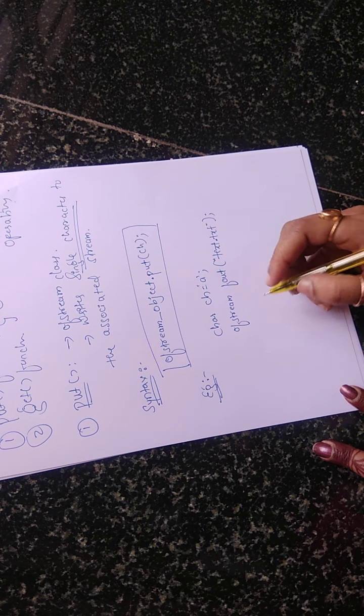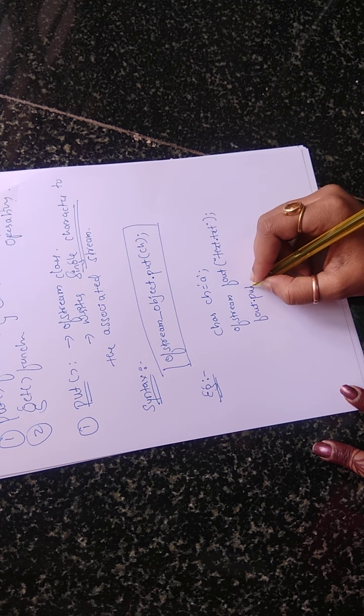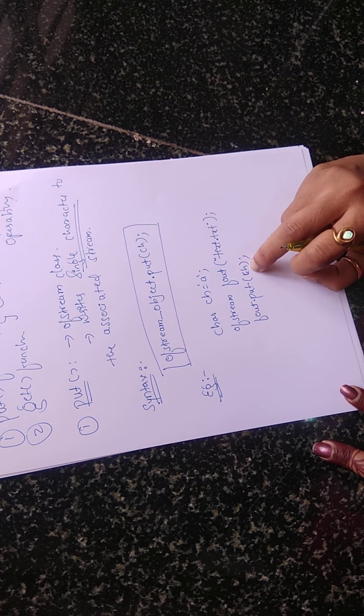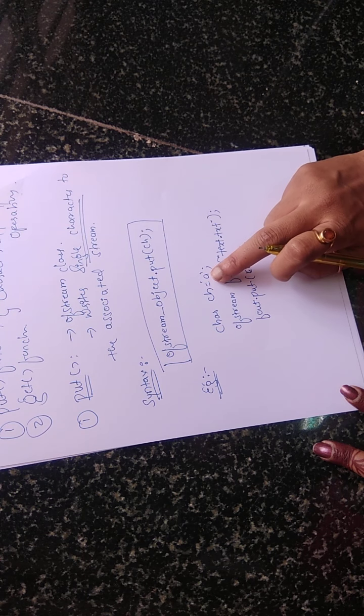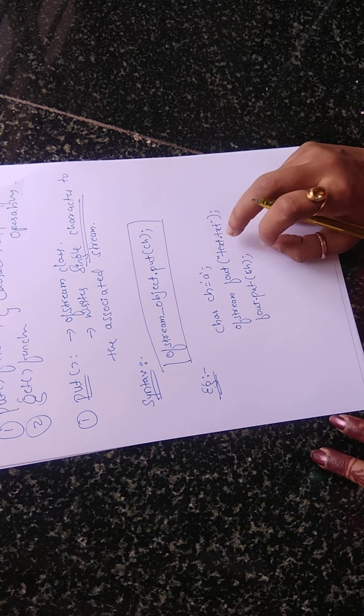So I can write now fout dot put(ch). So ch we are putting into this text file. What is ch? Ch means A. So A we are storing, or adding, in your text file.